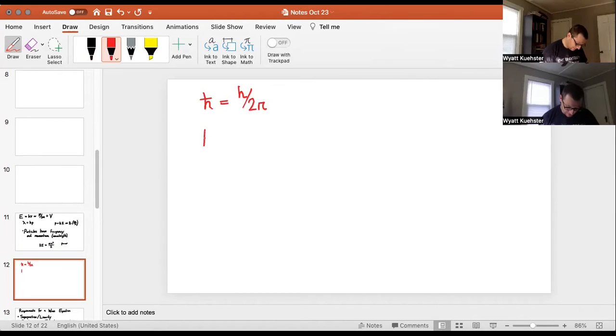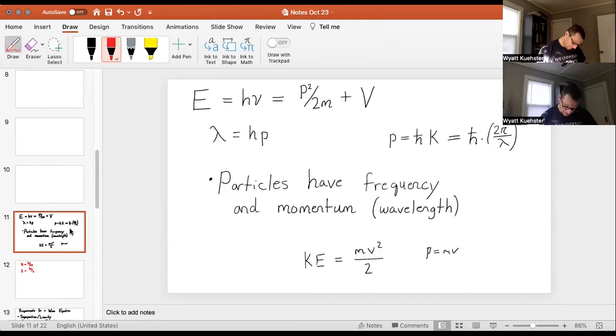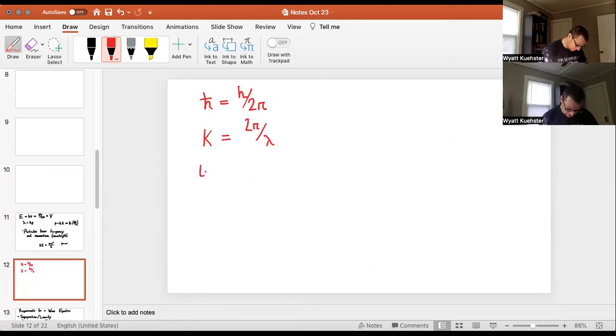So the wave number is basically the same information as the wavelength. k equals 2 pi over lambda. And then instead of frequency, instead of nu, we can also use angular frequency. The angular frequency, I'm going to define here as well, is just 2 pi times the normal frequency, 2 pi nu.